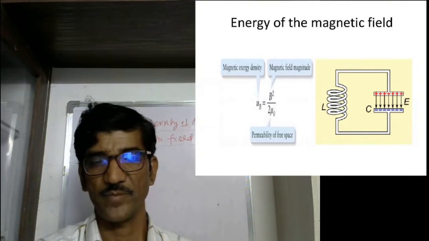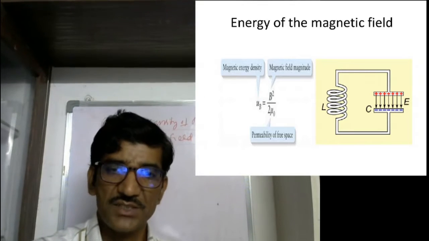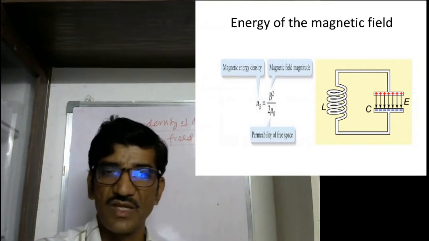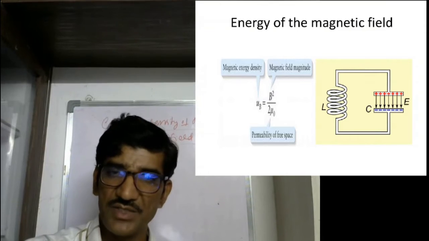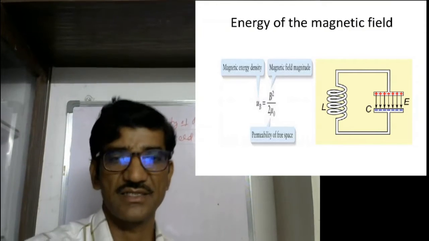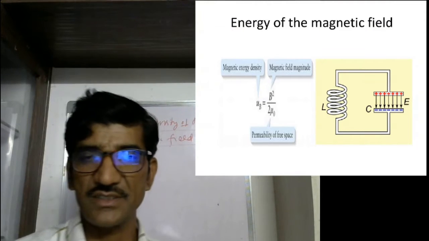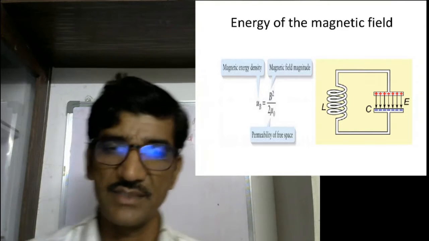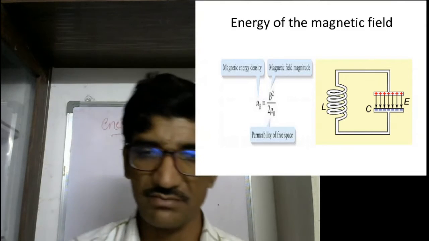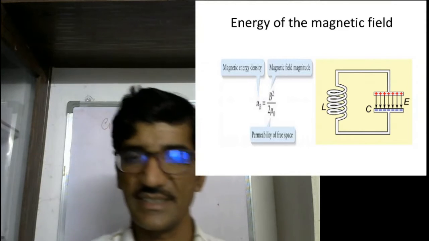Then the work done in sending the current through the inductor will be stored as magnetic energy inside of the inductor. So what happens in this circuit? In an oscillatory manner, electric energy changes into magnetic energy, then magnetic energy changes into electrostatic energy.